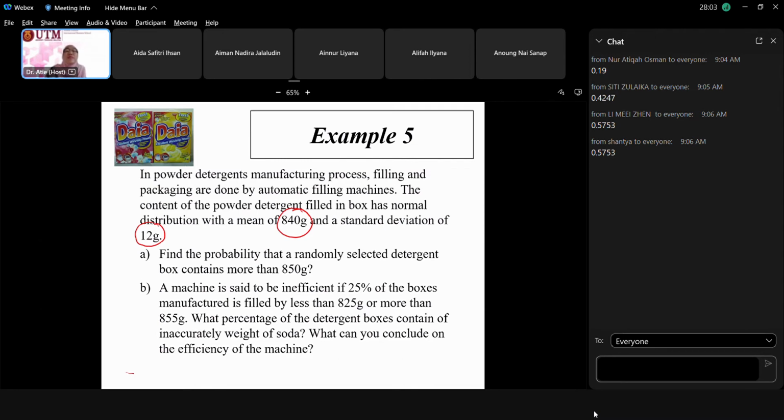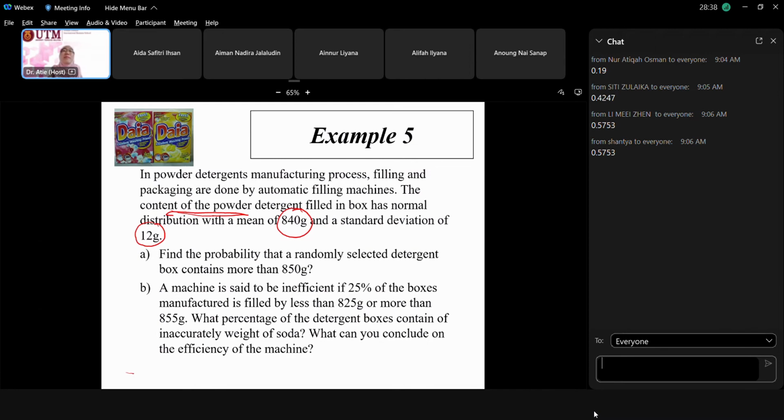Once you read the question, you need to circle all the information given in the question, and start by writing the distribution. What we are looking for is the probability of the content of the power detergent. Usually the power detergent is put at like 1 kg, but the machine is doing the job.